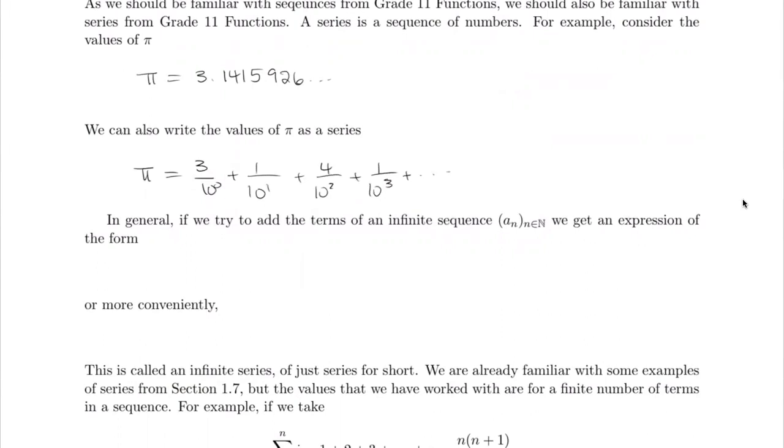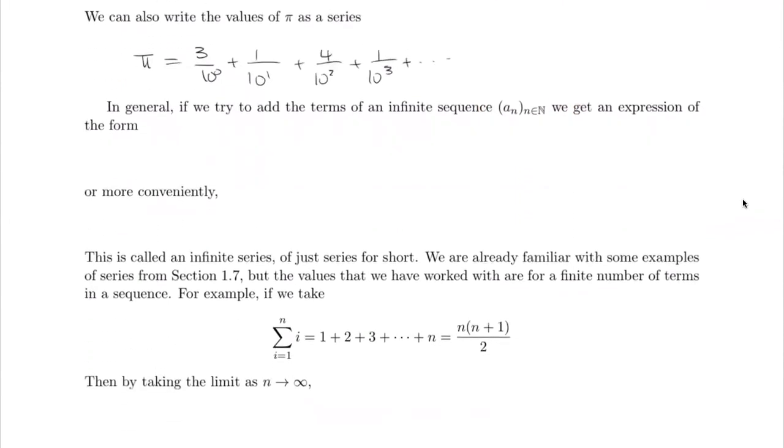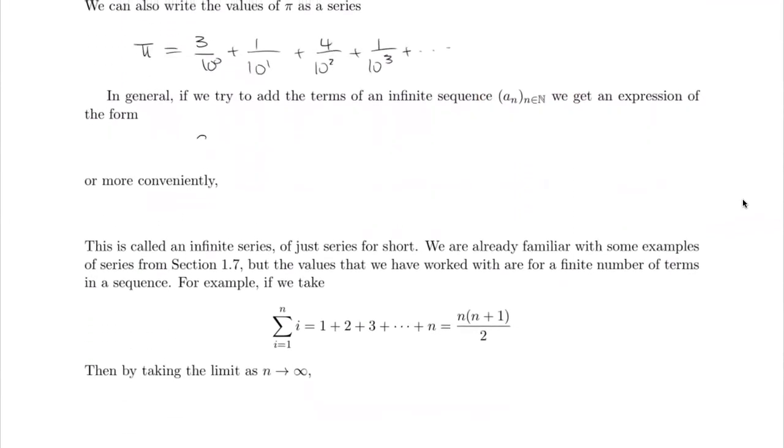In general, if we add the terms of an infinite sequence, we get an expression of the form a1 plus a2 plus a3 plus and so on, plus an and so on.